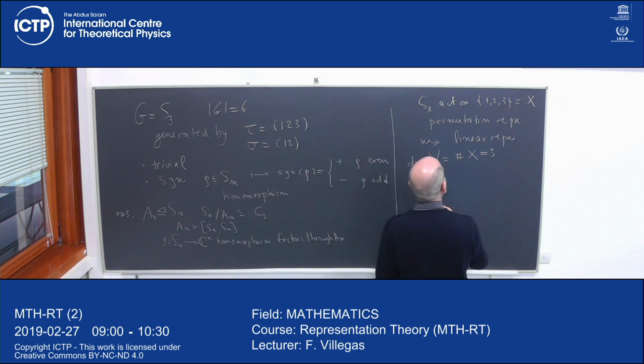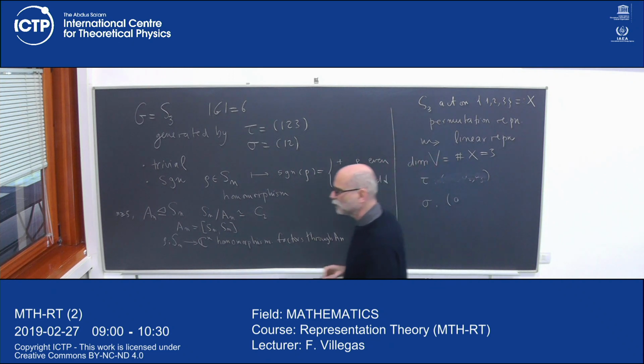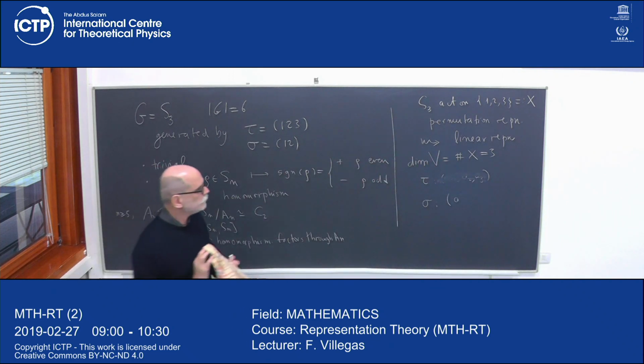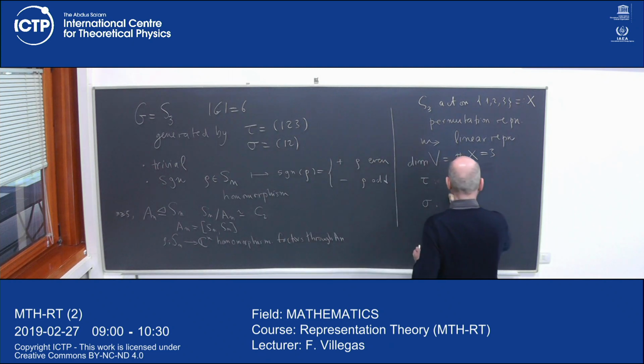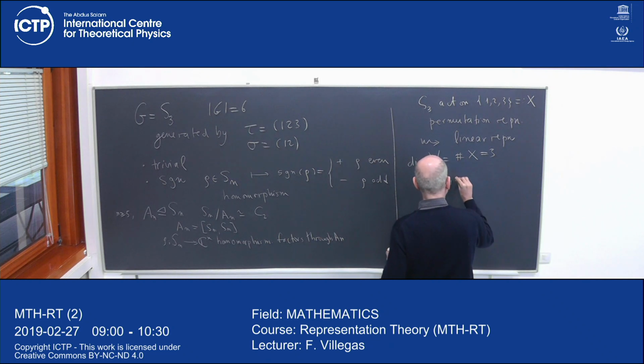But recall that I wanted to stay with left actions. So let's record what tau does. We did this calculation on Monday, but if our vector has coordinates A1, A2, A3, then let's take tau of (A1, A2, A3).